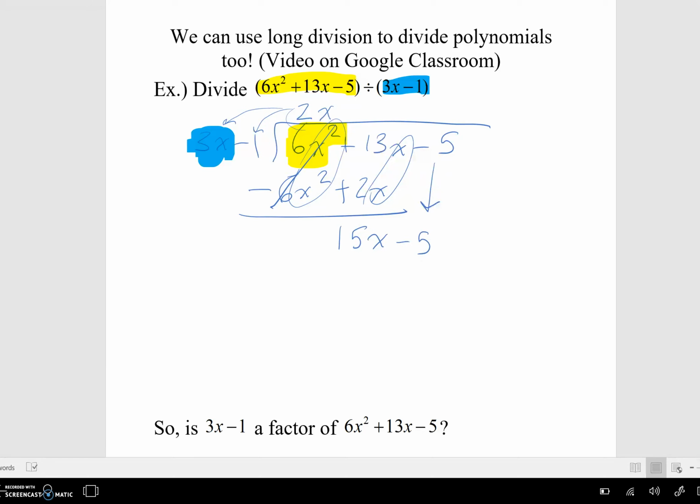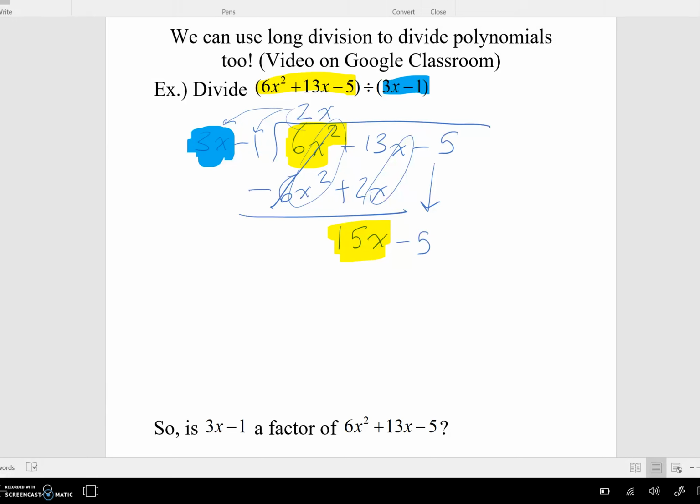And repeat. How many times does the 3x go into just the 15x? Okay, just the first term, just like in the beginning of the problem. So 3x times what would give us 15x? A positive 5.